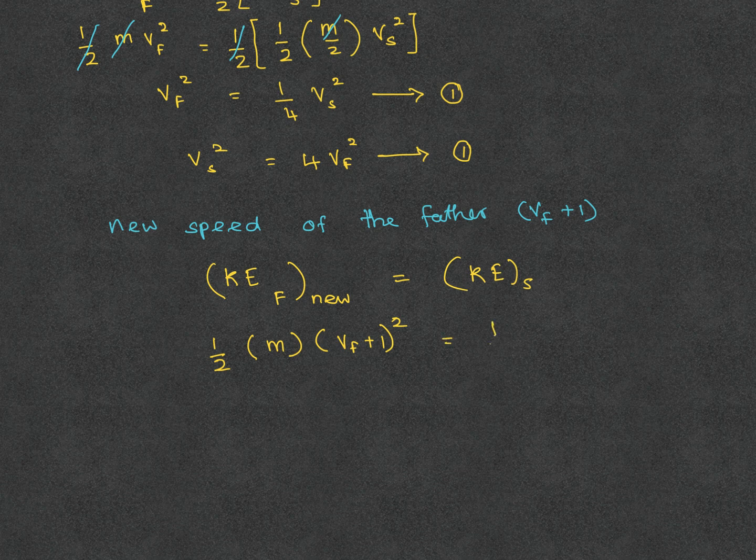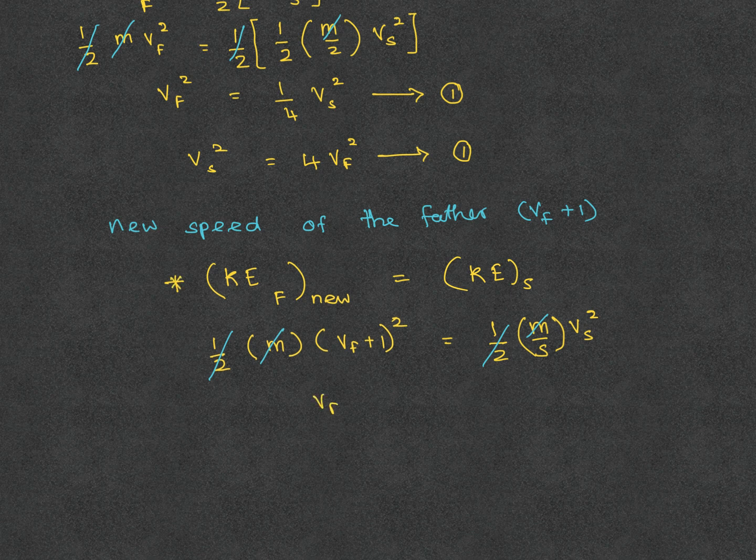And the other side you have 1/2, and mass of the son is m divided by 2, and the speed of the son is vs square. Once again you can cancel out the terms that are common in both sides, half and half. And there you don't have an additional half because the two kinetic energies are equal here.